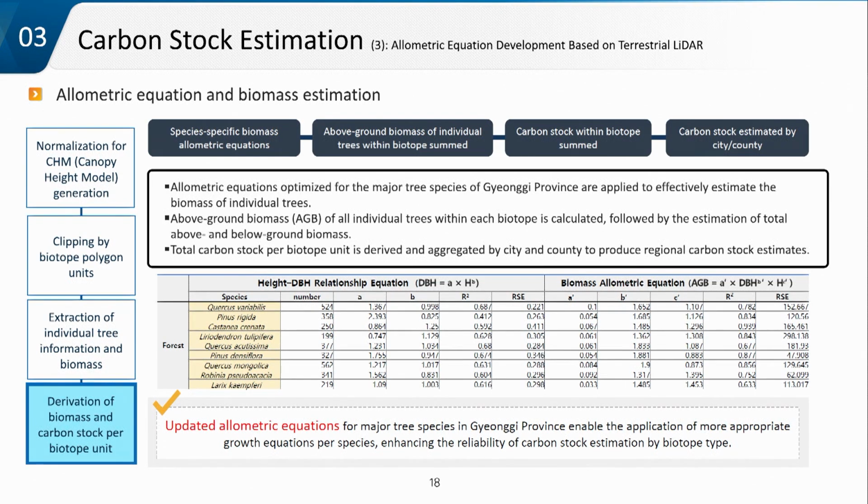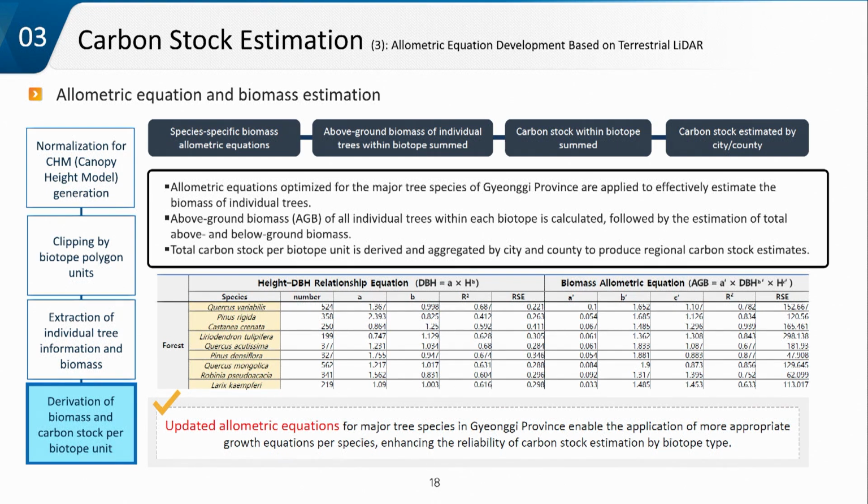Next, we had to develop our own height and DBH relationship equation and biomass allometric equations. The most challenging part was to estimate the DBH from the heights from the canopy height model. In the classical field survey, we measure DBH and then estimate the height. But with the LiDAR, it works the other way around.